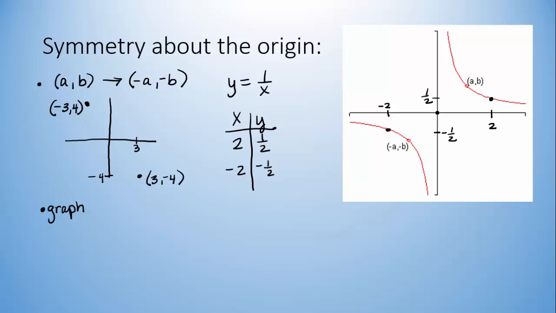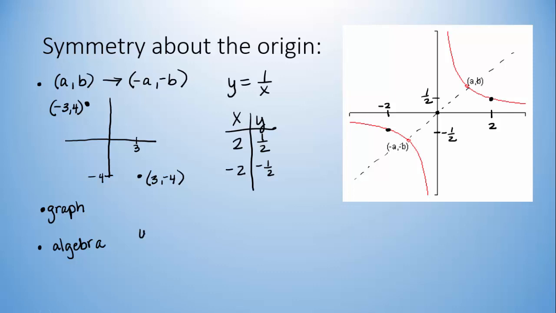All right, now let's look at the graph. This time, this graph could be folded along the line y equals x. And it will match up. And finally, can we show symmetry with algebra? In this case, we should be able to plug in the opposite of x and the opposite of y and have it return to the original equation.